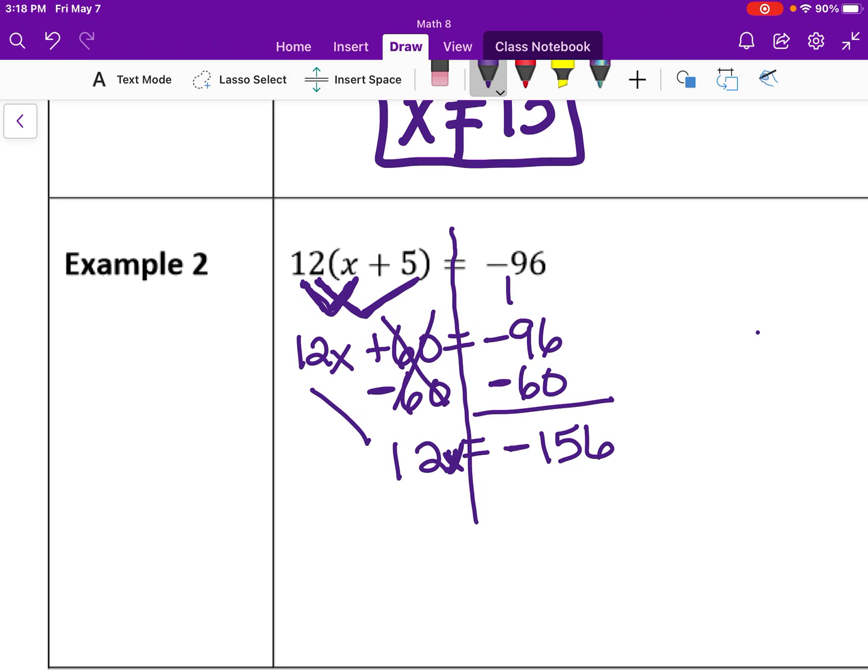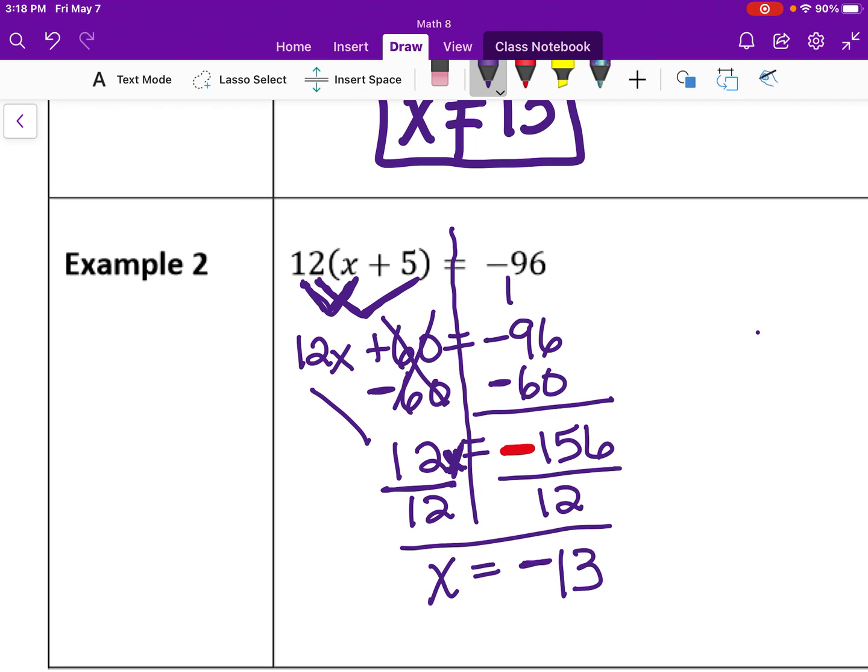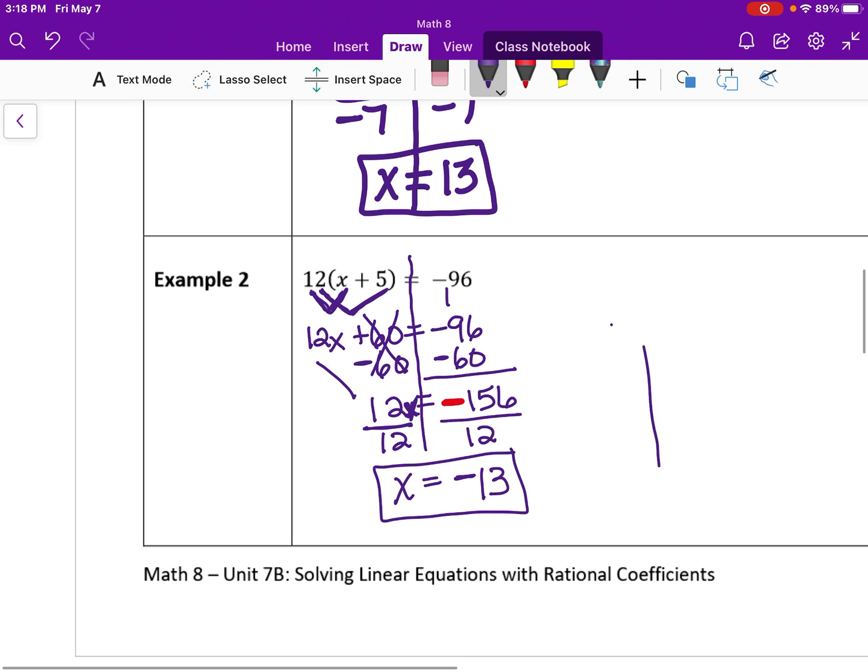Now, to get x by itself, we're going to divide by 12. So now I have x equals, and don't forget this, we have a negative divided by a positive. So therefore my answer is going to be negative 13. All right, on we go to the next one.